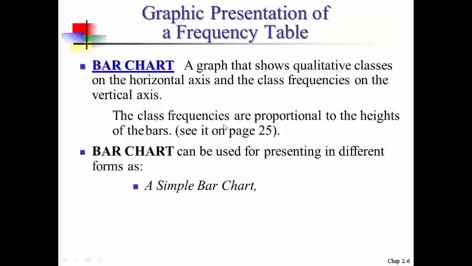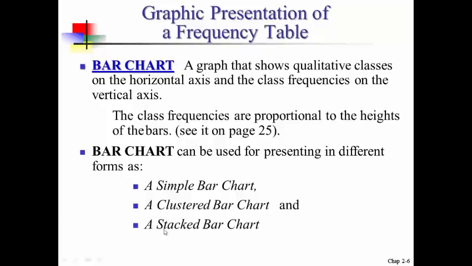We go to the next slide. We can see the class frequencies are proportional to the height of the bars. You can see it on page 25 of the textbook. A bar chart can be presented in different forms, such as a simple bar chart, a clustered bar chart, and a stacked bar chart.